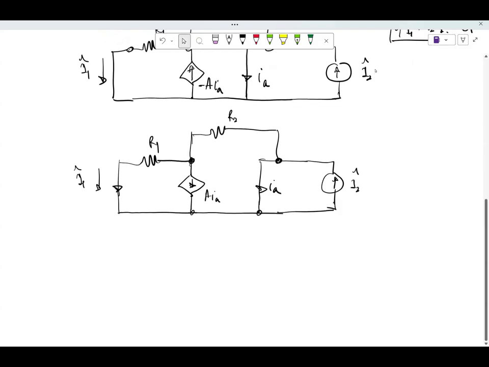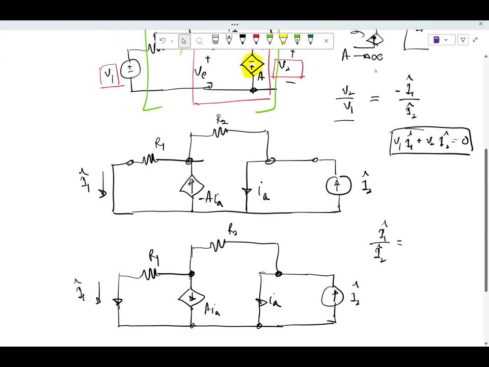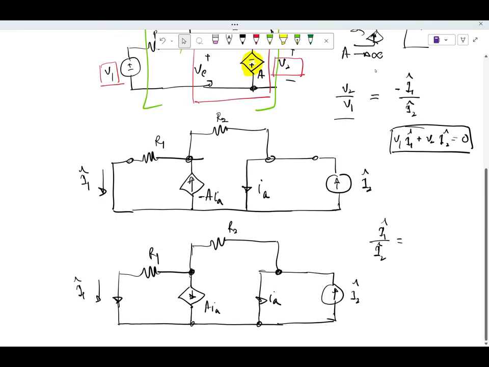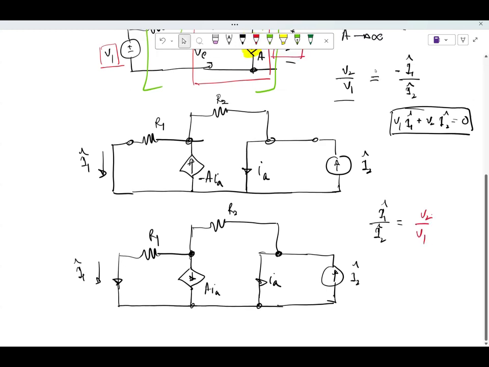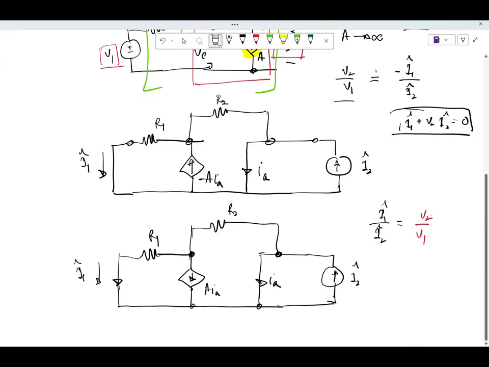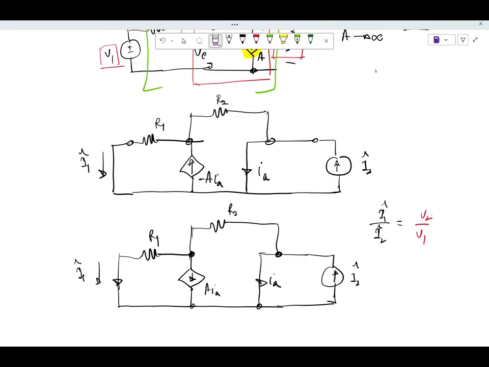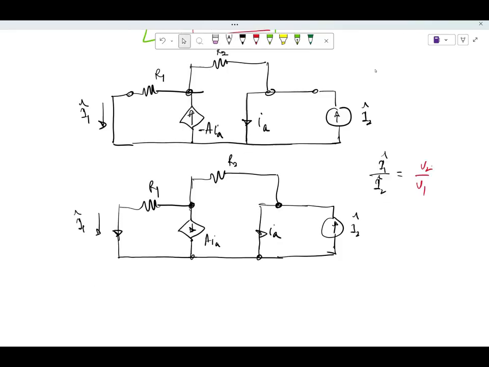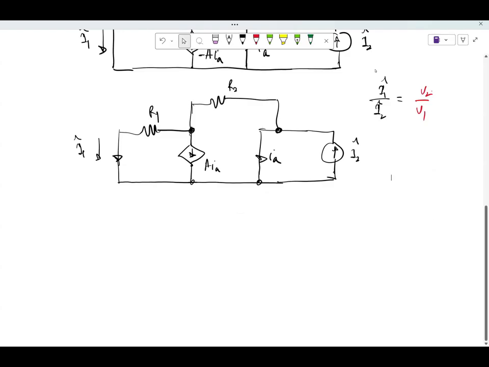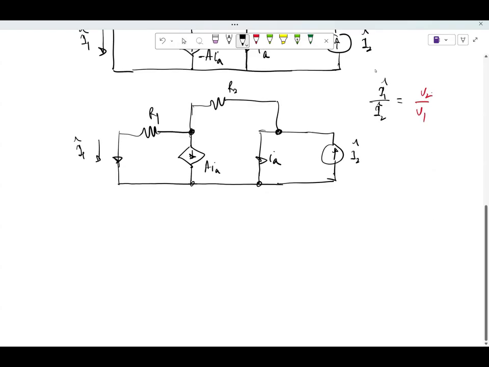So I know that in this case, I1 hat by I2 hat is equal to V2 by V1. Let me just remove this to ensure the confusion does not arise. All I have to do now is find the relationship between I1 hat and I2 hat. Fine. So let's do that.